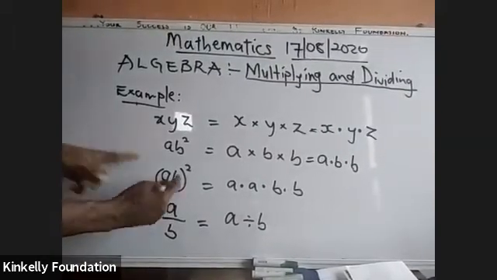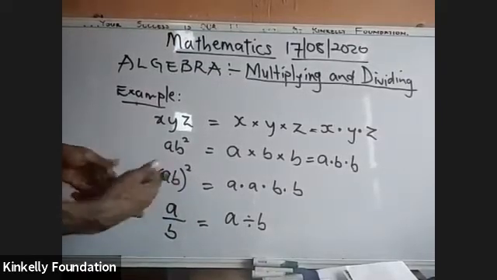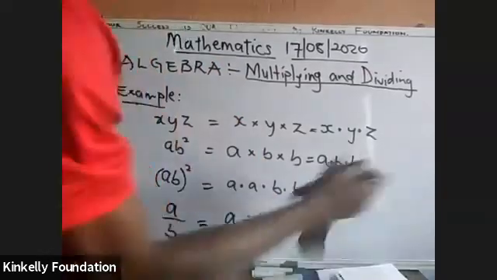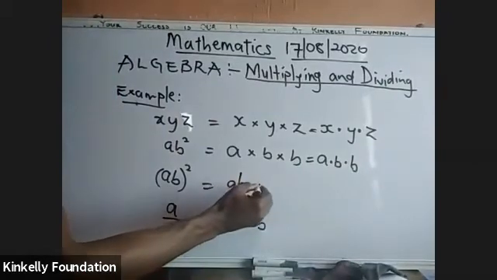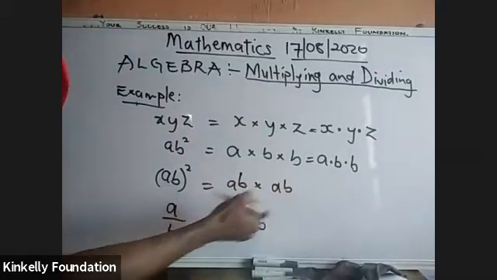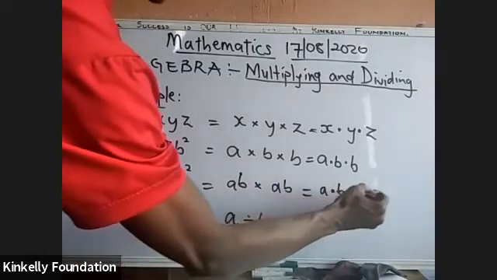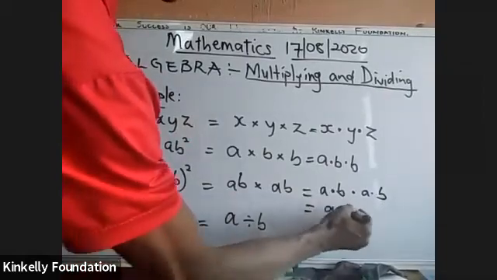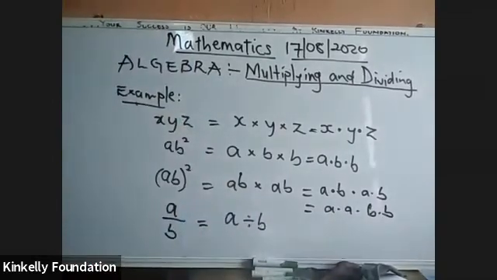The square that is here refers to both this and this being multiplied by themselves. Let me write it in another form. You can write it like this: AB times AB. And when you open this up, it means A times B times A times B. If you open it again, it means A times A times B times B. So they are all talking about the same thing.